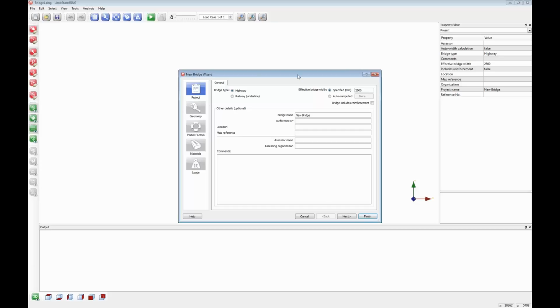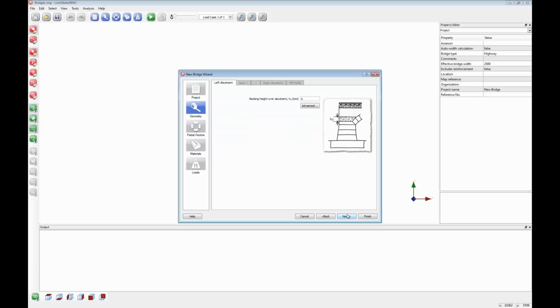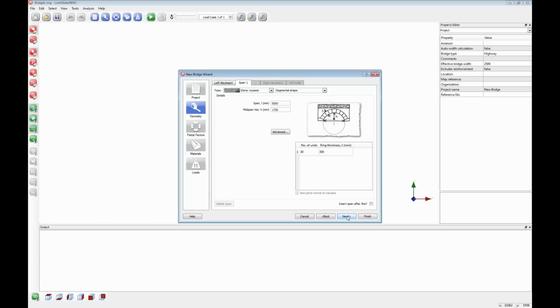So the first pane requests details of the bridge. I'm just going to skip that. I'll move on to the geometry. We're invited first of all to specify details of the abutments if we want to model those explicitly. However, typically we don't want to do that, and we can move straight on to the span information.